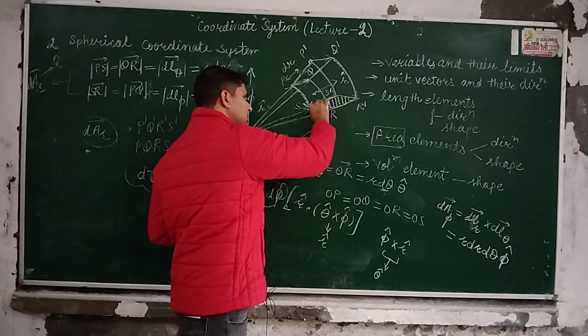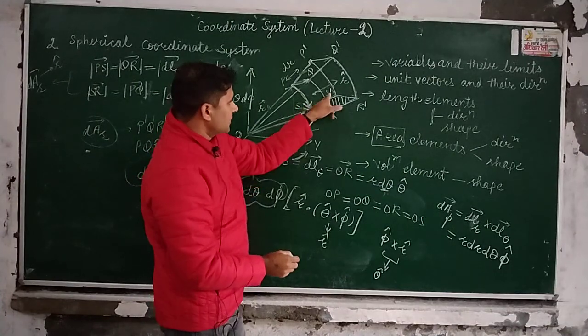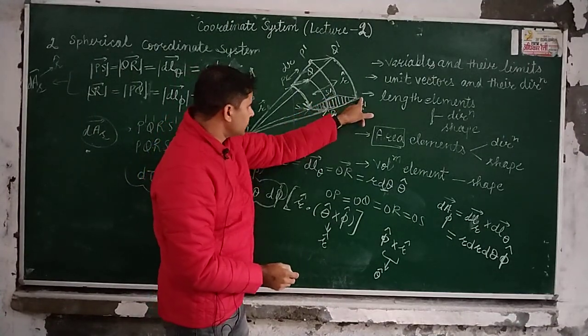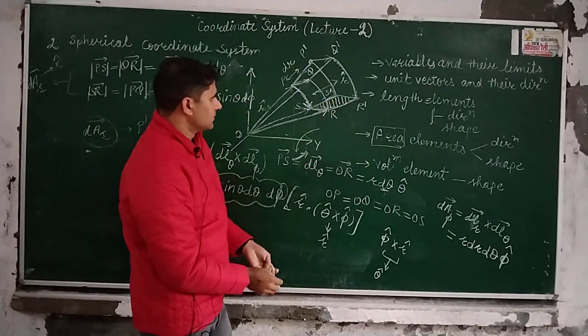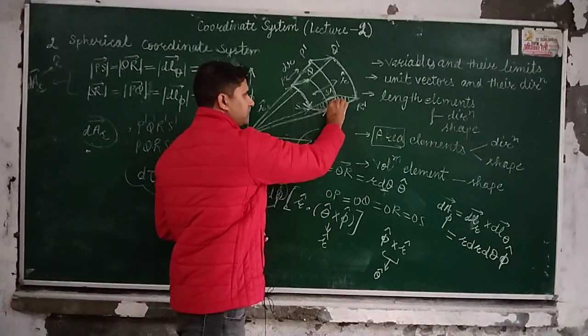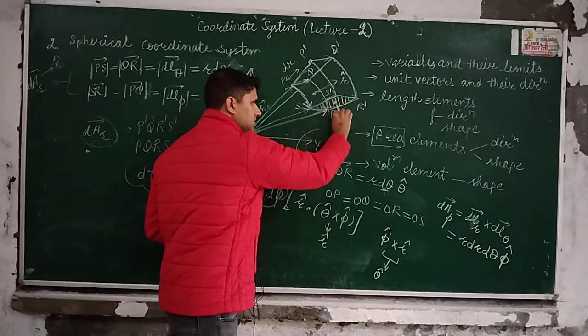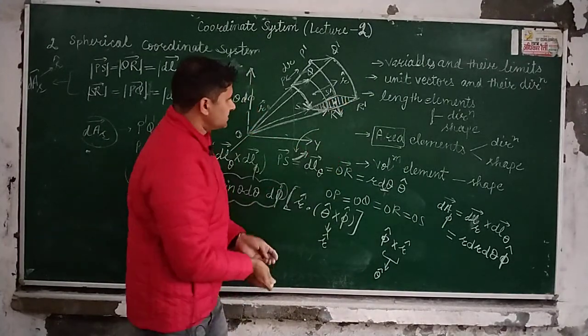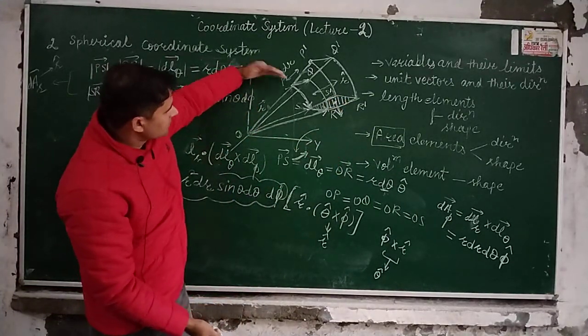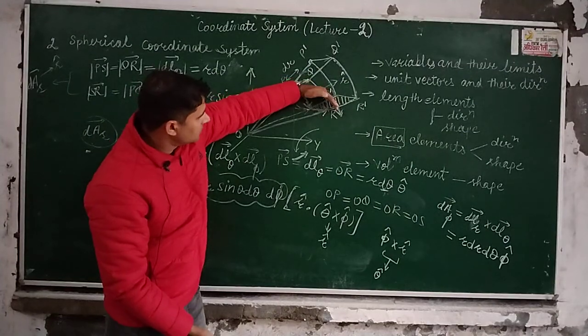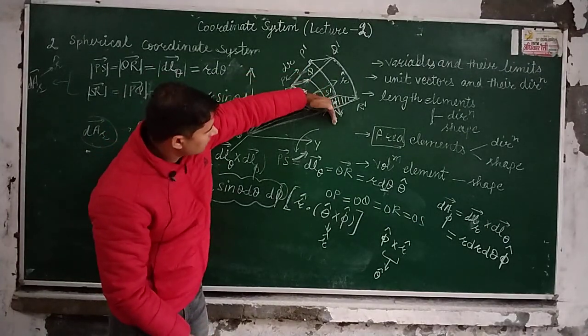You can see this is S, S dash, R dash and R. Now what will be the direction of its normal? Its direction of normal will be along this direction. Now what is this direction? You can see this normal is along theta cap.